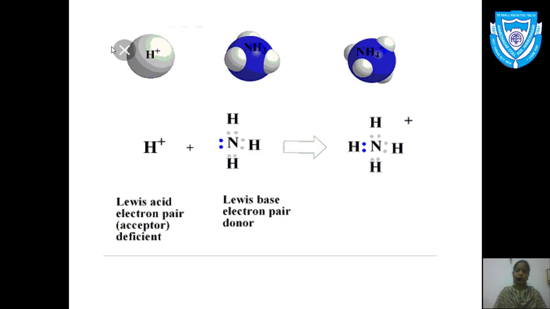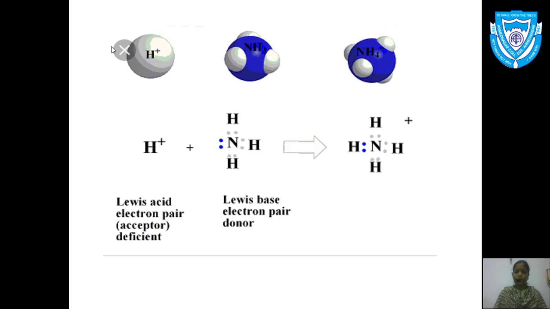Hence ammonia can transfer this pair of electrons to H+ and acts as a Lewis base. By doing this, they form a bond between hydrogen and nitrogen. This is represented with two blue dots, or it can be presented by a single line.